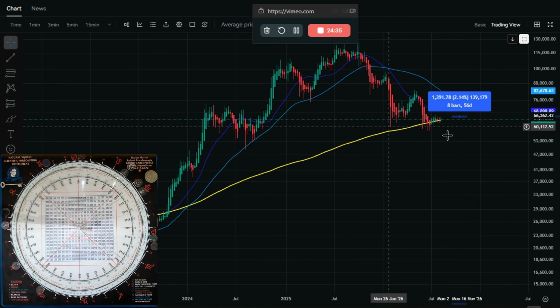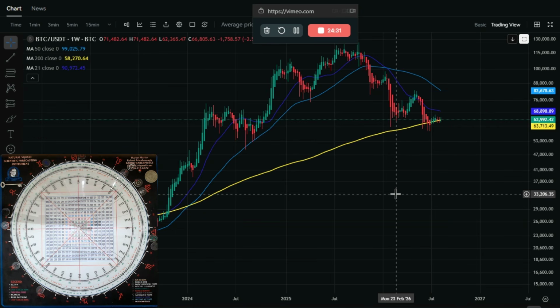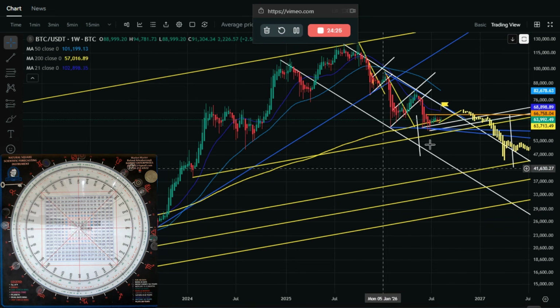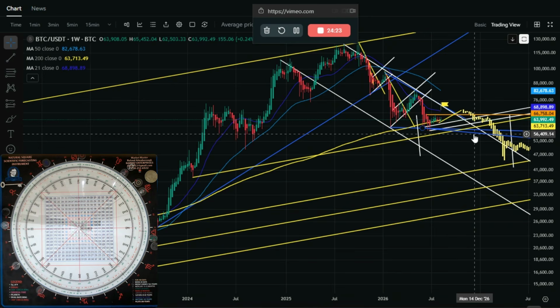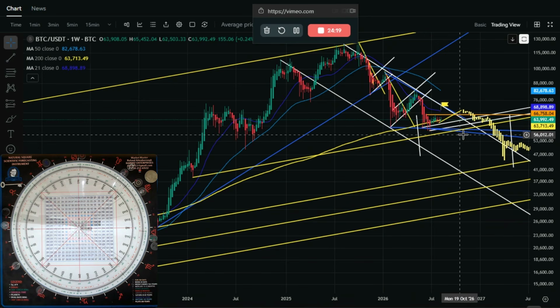If I populate this chart, it'll get really busy, so let's just see if it'll get too busy. Okay, so this blue line is the one that we're talking about that's connecting these lows, and it looks like it's showing somewhere around this 57 and high 50s period.